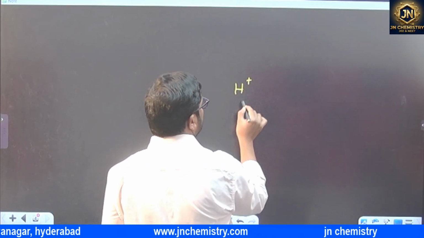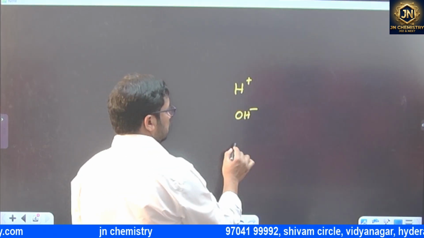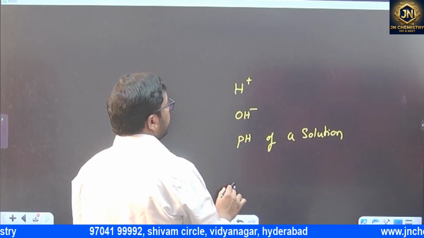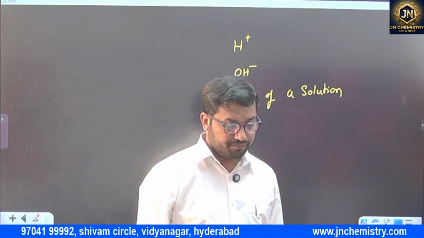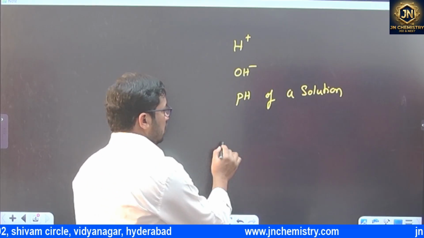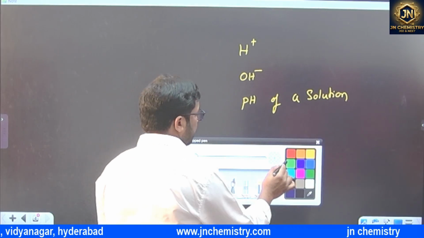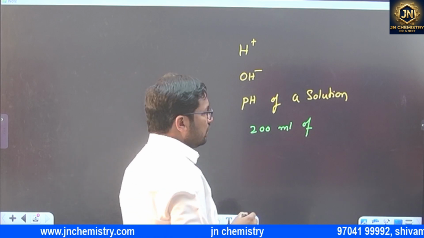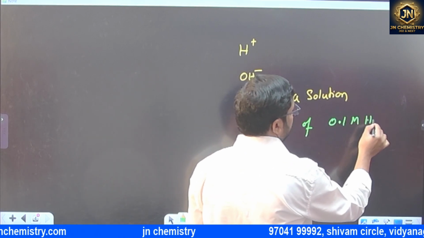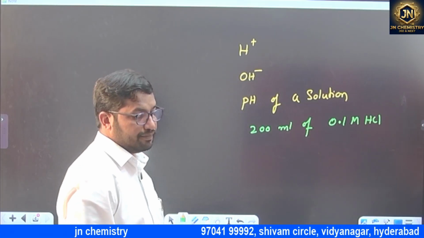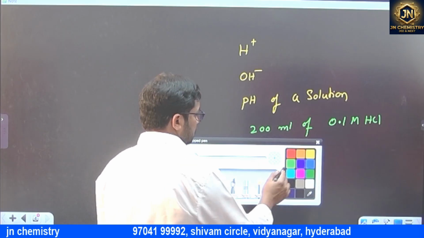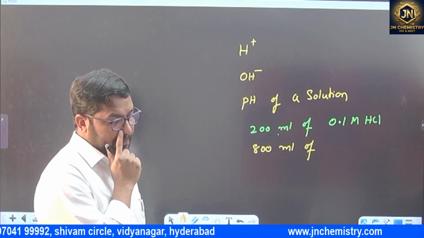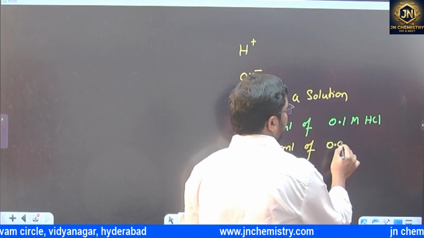Calculate the concentration of H plus ion, OH minus ion, and the pH of a solution obtained by mixing 200 ml of 0.1 molar HCl and 800 ml of 0.05 molar H2SO4.